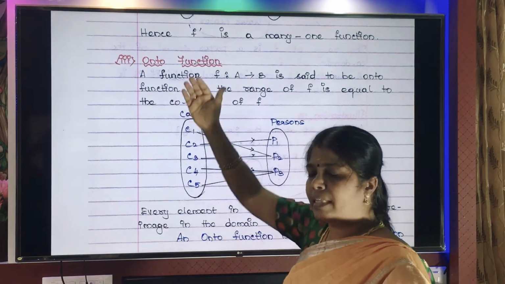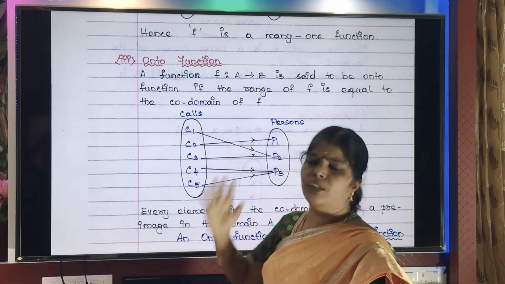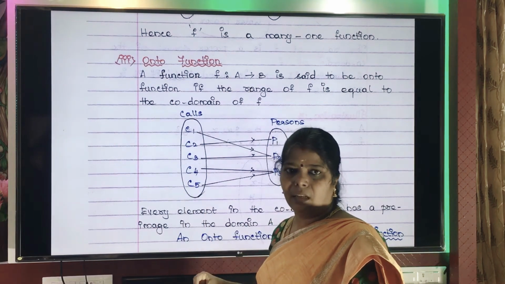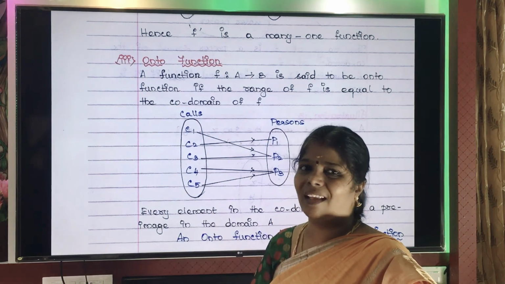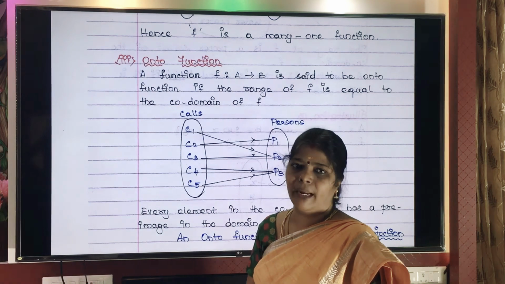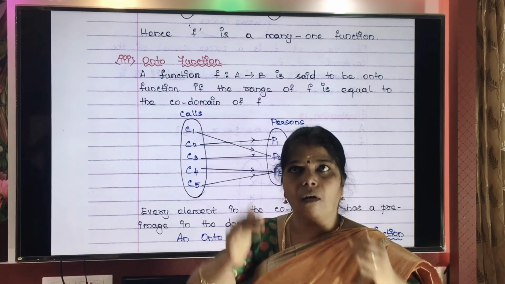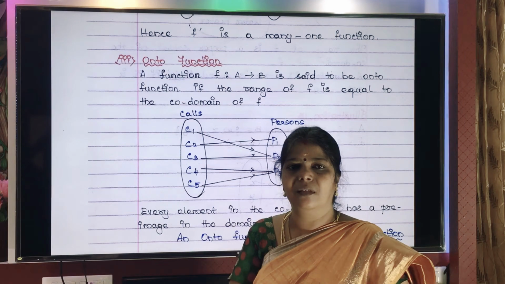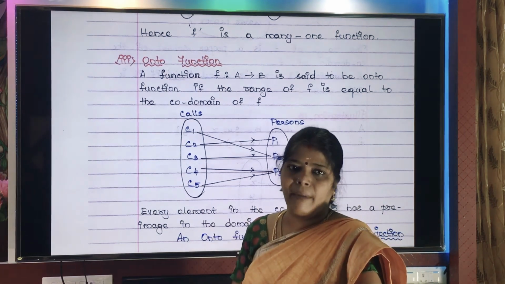But not always will the range be equal to the codomain, because only the elements that are mapped will be included in the range. So many times the range will not be equal to the codomain. But in some cases, all the elements in the codomain get mapped and become images. In this situation, the range will be equal to the codomain.